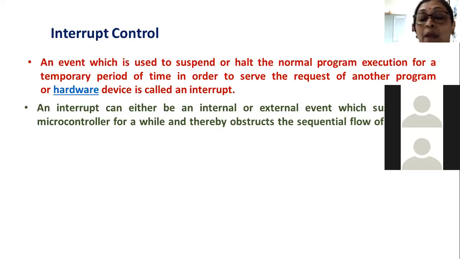Similarly, to receive data from the external world, the serial communication unit of the 8051 will raise the RI interrupt, which is the receive interrupt, to grab the attention of the CPU. When this interrupt is raised, the CPU will stop its current program execution and receive the data from the external world. So this is the function of the various interrupts present in the 8051.